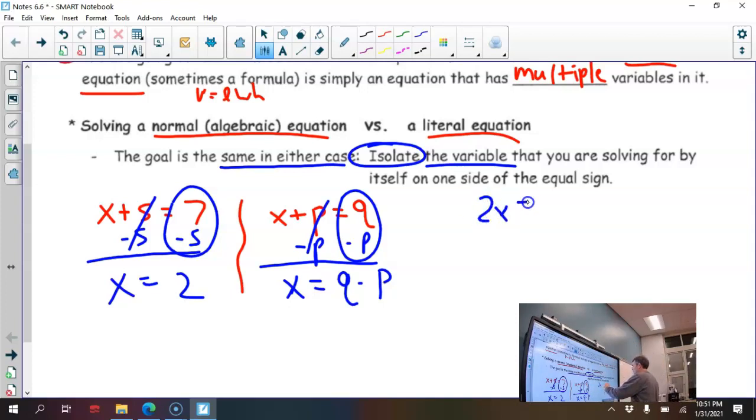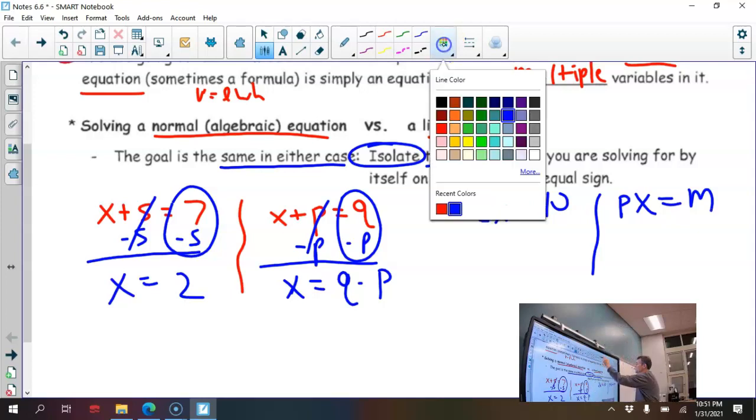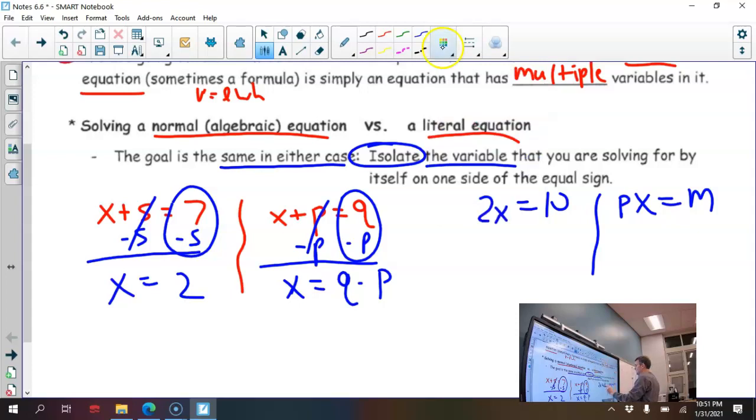All right, and I could do one more of those, I suppose. Let's compare 2x equals 10 to px equals m. All right, to get rid of something, you do the opposite operation, right? So if I want to get rid of the 2, I divide both sides by 2 because the 2 is multiplied by the x.